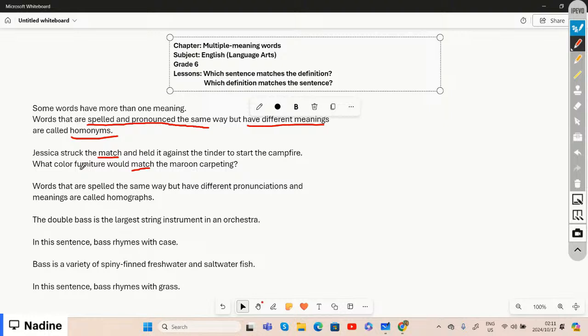And then we have words that are spelled the same way, but the pronunciation as well as the meanings are different, and we call those homographs. If we look at a few examples of homographs, we have: the double bass is the largest string instrument in the orchestra. Bass.